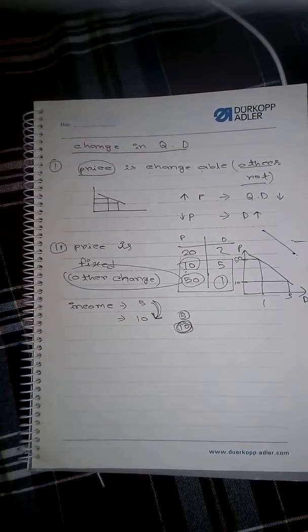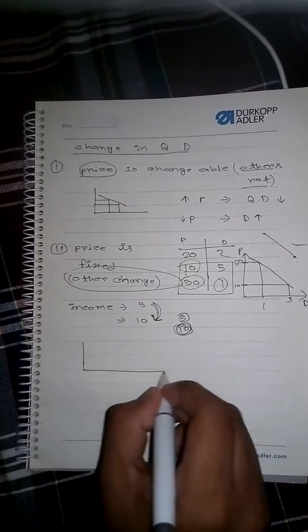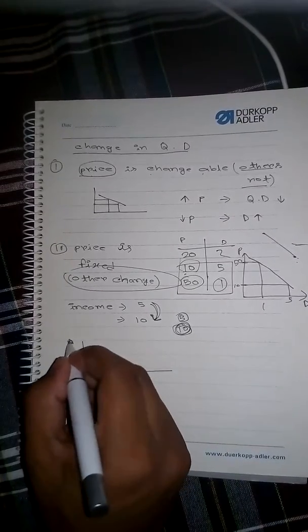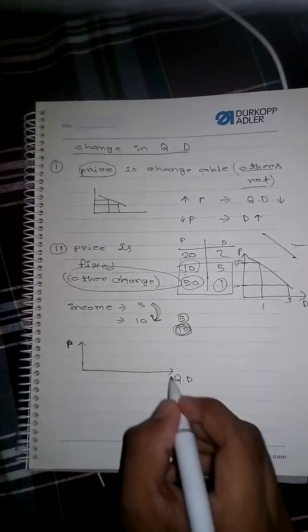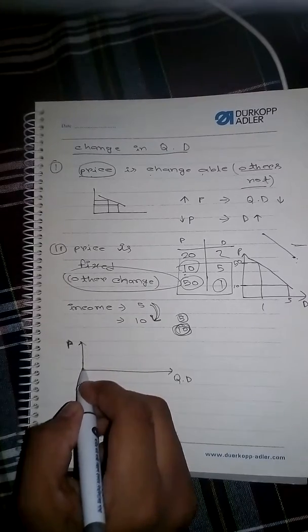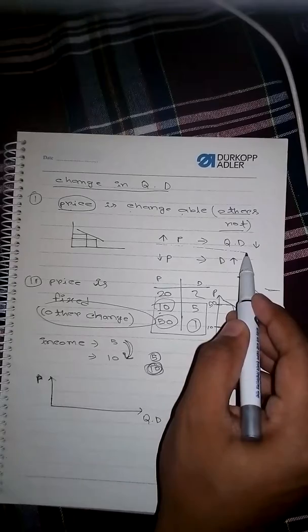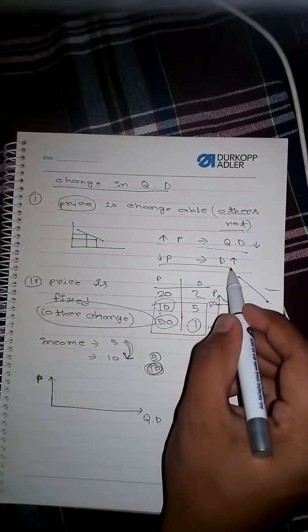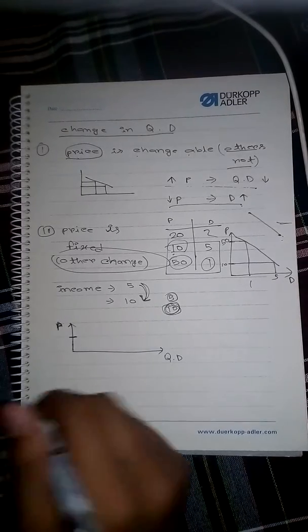So from that we can say this type of graph looks like this. Here is the price and here is the quantity of demand. If the price increases, demand decreases, and if the price decreases, demand increases. But here the price level is always the same, it will not increase or decrease.